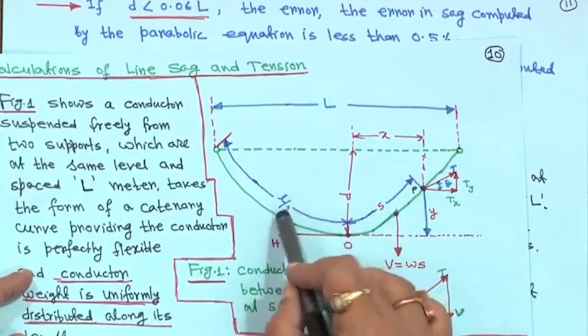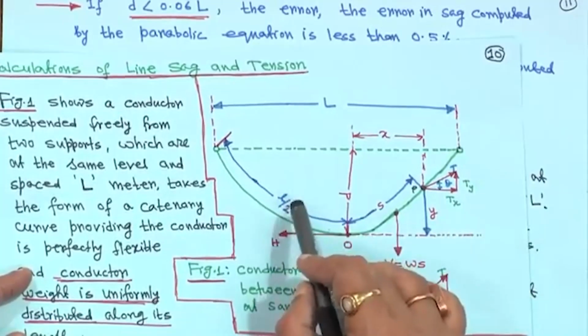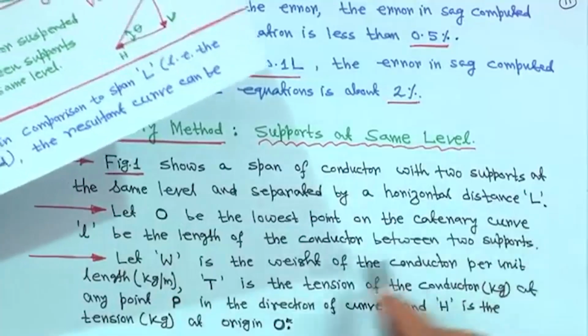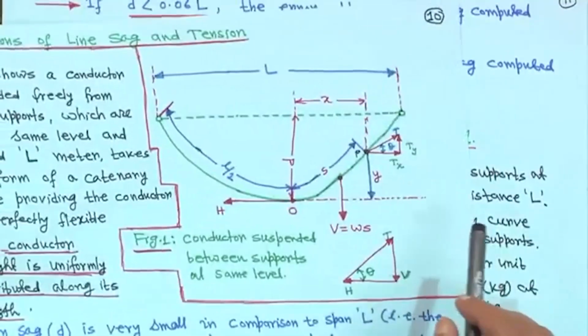Here, l is the length of the conductor, and W is the weight of the conductor per unit length.